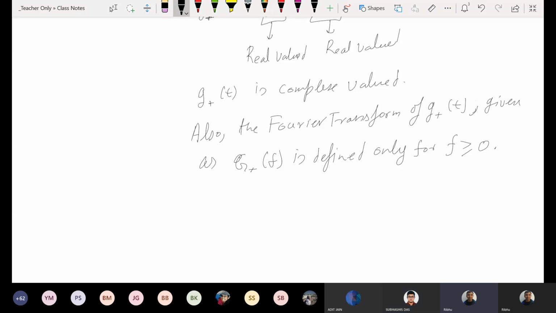Now, the fun thing is that you can see that this is simply g tilde of f plus fc.